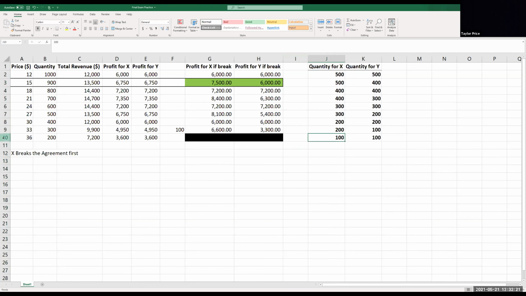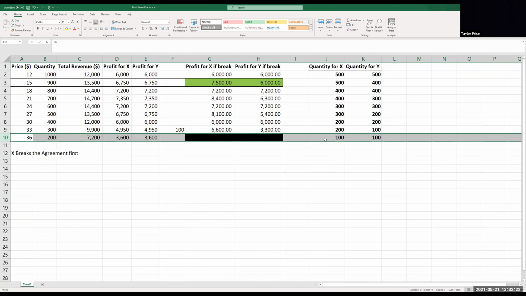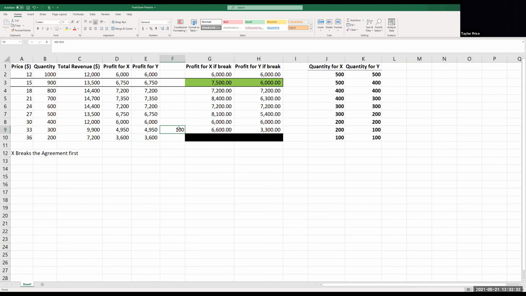At 36, firm X is producing 100 and firm Y is producing 100. But when firm X cheats, they take that new 100 quantity being sold, moving from 36 to 33, and they produce all of that additional quantity. So they're basically taking it away from Y? Exactly.